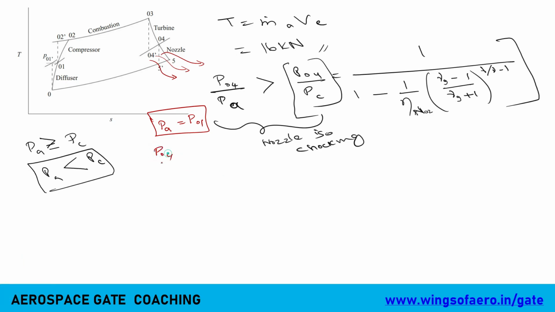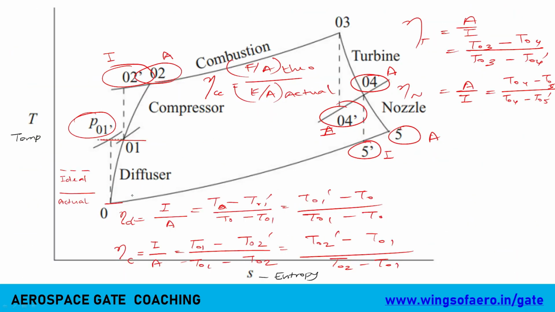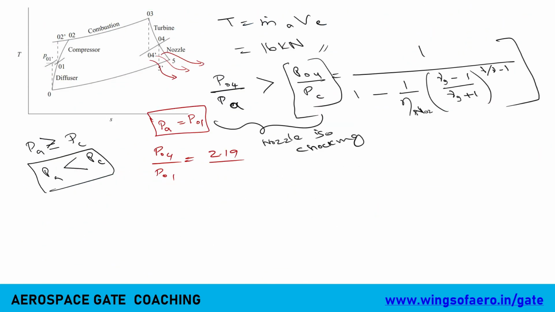P04 is 2.19, and what is P01? I think they have given 1 bar in the question. Yes, ma'am. So as a result you know what the answer will be. 2.19.